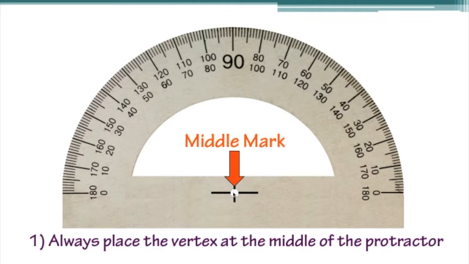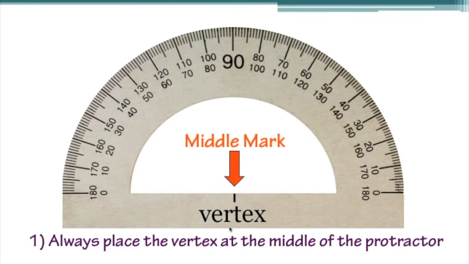There's some indication of where you're going to put your vertex. And some protractors don't have this. Some protractors instead have just a flat line where there's just one spot to place your vertex. Either way, there's some way to show where your vertex is going to be placed, and that's your middle mark. So we're going to place our vertex right on that spot.